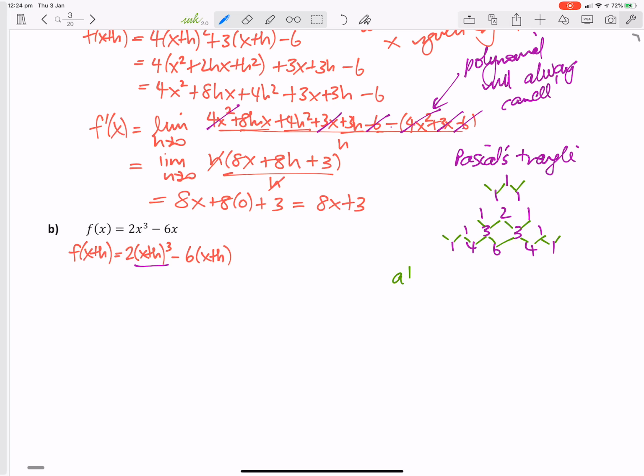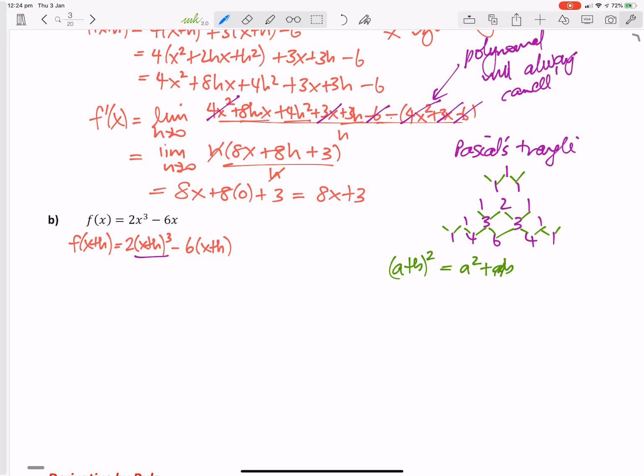So if I had a plus b squared, we get a squared plus 2ab plus b squared. That's what you'd get if you expanded it out by hand. If you have a plus b cubed, well, that's a cubed plus 3a squared b plus 3ab squared plus b cubed.